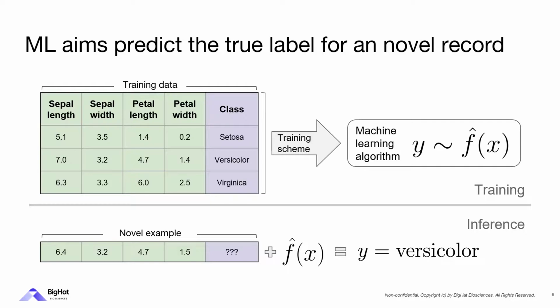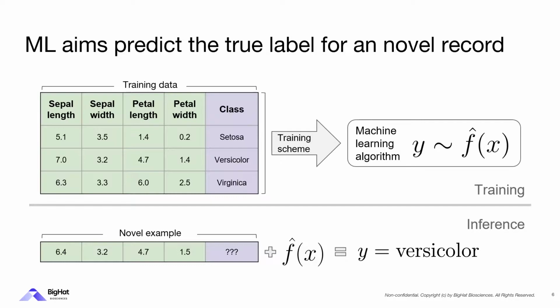So the key question for most machine learning algorithms is, how do you construct this function F-hat? What you're doing is essentially training the machine learning algorithm on a subset of your data frame that I described earlier, where you're feeding it pairs of the values X, here the vector of 4 values, and the known class that's been determined for that.